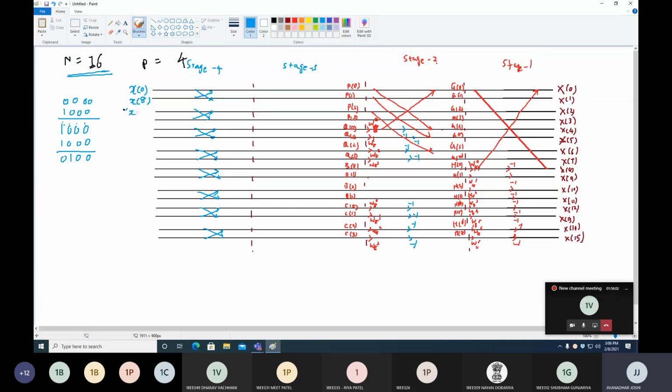क्या है? 4. उसके बाद क्या आएगा? देखो 1 0 0 ऐड करोगे तो क्या आएगा? 1 1 0 0. क्या आया? बोलो. 12. उसके बाद क्या आएगा? देखो 1 plus 1 is 0, 0 1 0. कितना आया? x of 2. चलो उसके बाद क्या आएगा? देखो जल्दी बोलो. x of 10. उसके बाद x of 10 आएगा. उसके बाद क्या आएगा? x of 6.